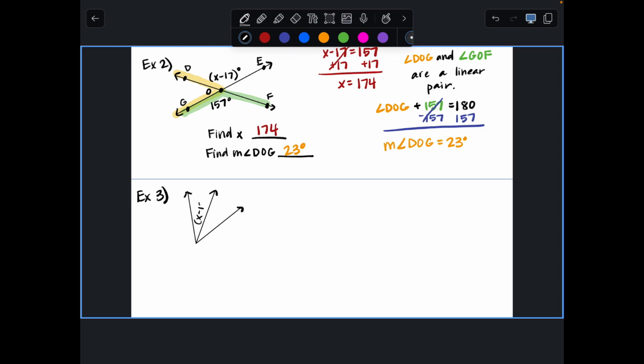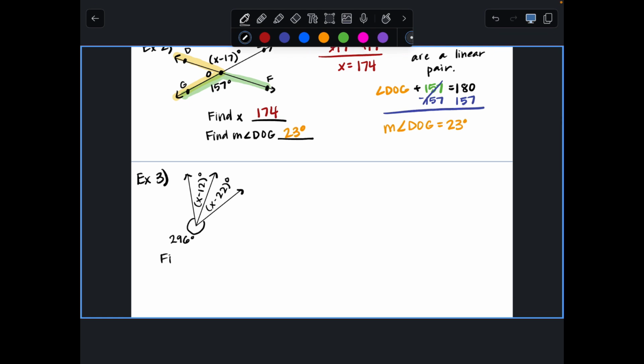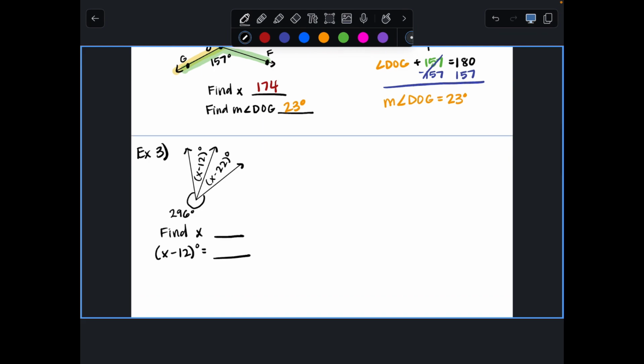So I have x minus 12 degrees and x minus 22 degrees. And this reflex angle is 296. I want you to find x, find what x minus 12 degrees equals, and find what x minus 22 degrees equals.